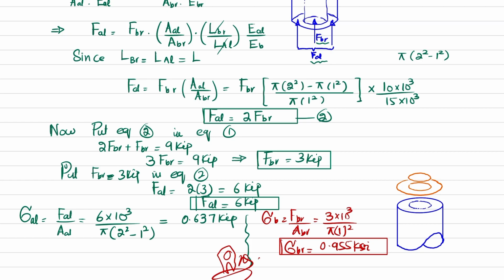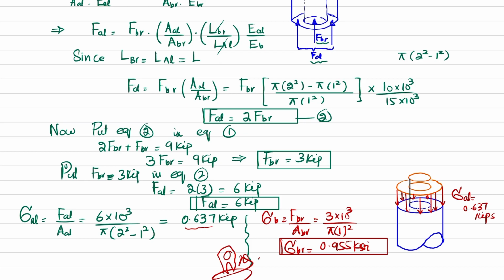If I draw lines from this till this outer surface, similarly downward, all these forces, this red one, will be compressive stress in this aluminum post, and this stress in aluminum will be 0.637 ksi.